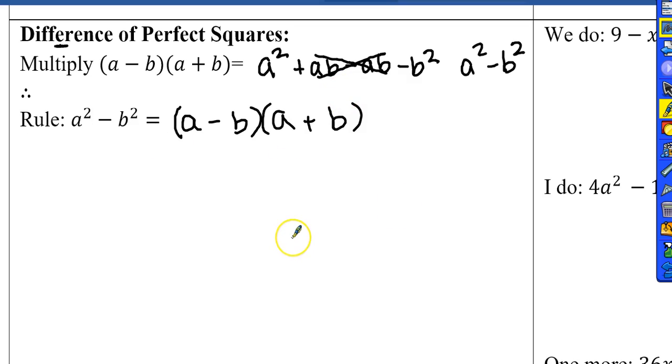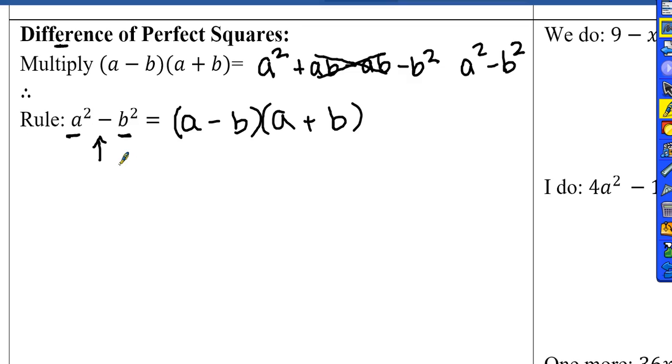And of course, it doesn't matter if you do A plus B, A minus B. That doesn't matter as long as you have one of each type. Okay? And so this is how you would work on perfect squares. It's a binomial, and it's got to be subtraction. Why do we need the subtraction in order for this to factor quickly?